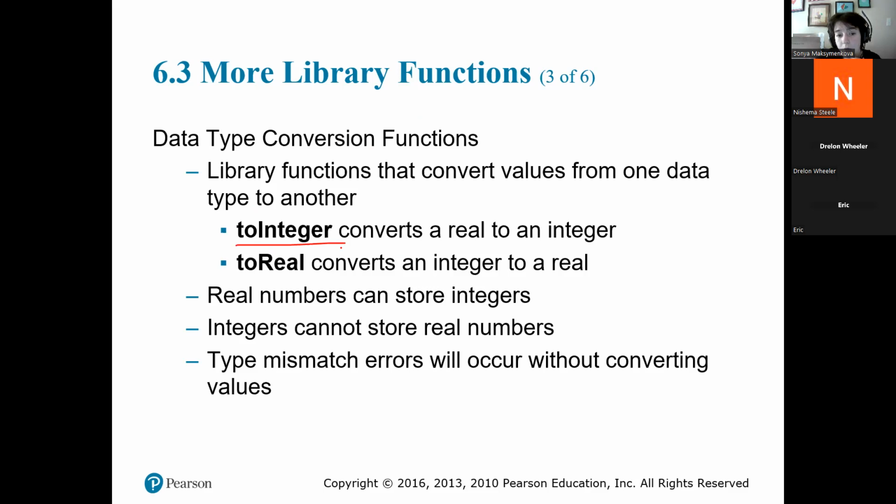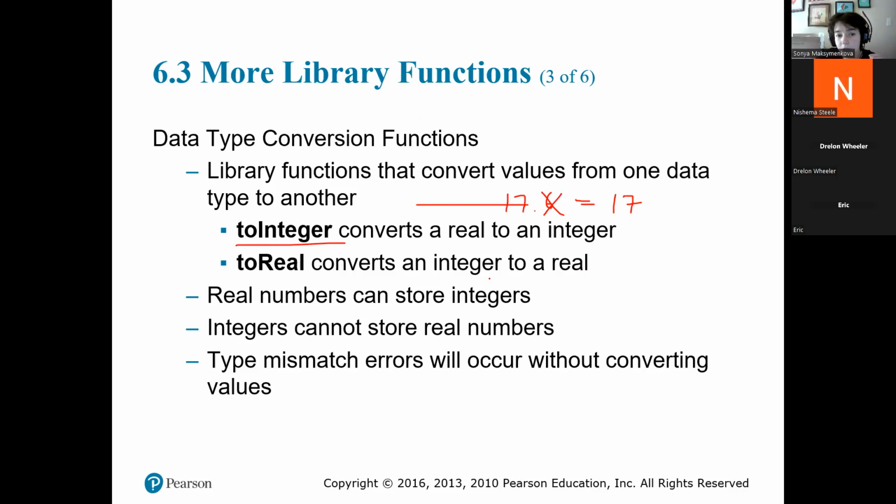For example, one of the library functions that exist in most languages is called toInteger, and it's going to convert your real to an integer. And remember, real is just a number with a decimal point. So if, for example, we have 17.6 and we want to convert it to integer, it's going to just get rid of the decimal and give you 17.